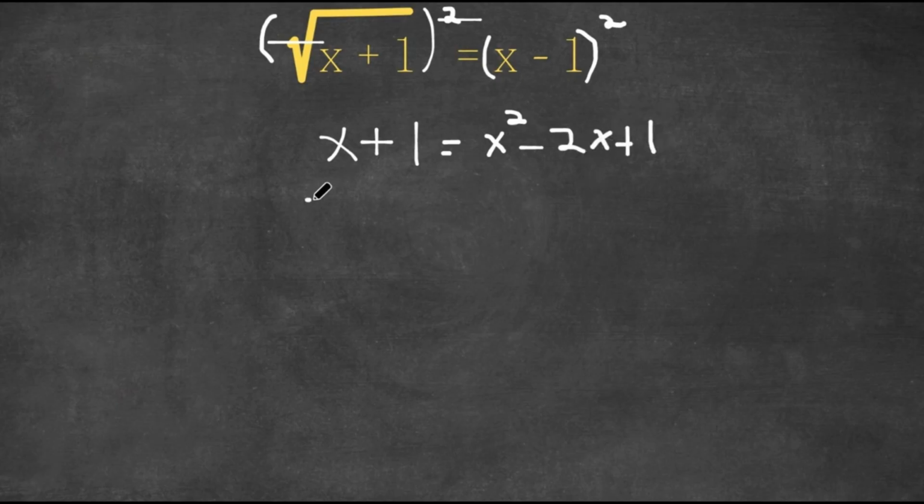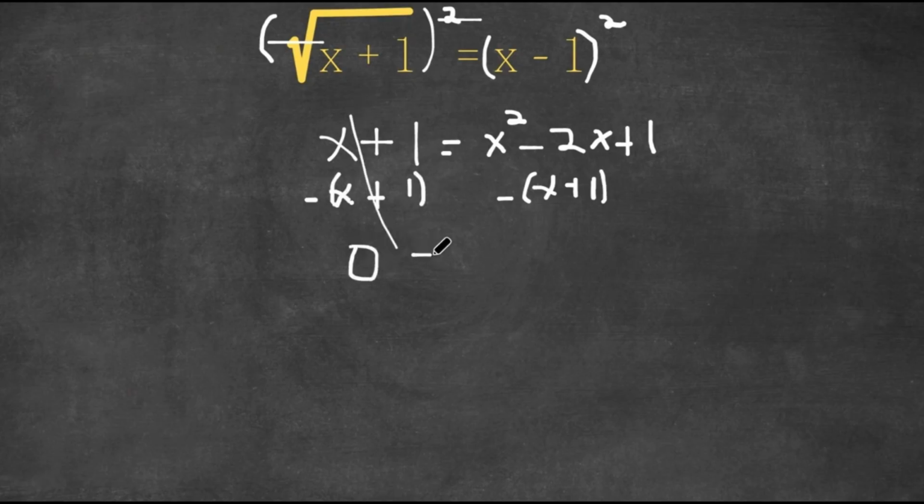Now, we're going to subtract x plus 1 on both sides. So if we subtract x plus 1 on both sides, it's actually in parentheses. So we get 0, because these two cancel out, equals x squared.